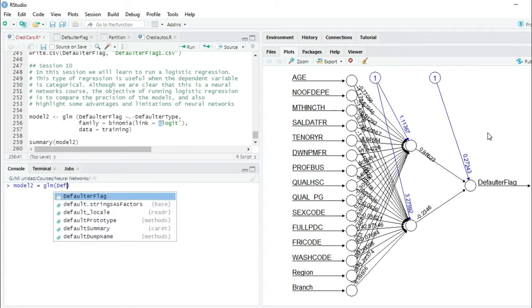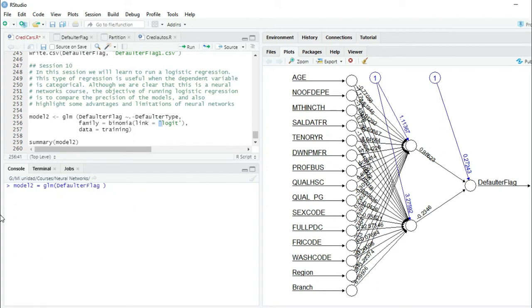The dependent variable is defaulter flag, and defaulter flag equals tilde period, meaning all the variables in the dataset. When I put that period, I'm telling R to use all the variables of the dataset less the dependent variable and also less the other dependent variable that we are not using, which is defaulter type. Comma, shift enter, so I go to the other line.